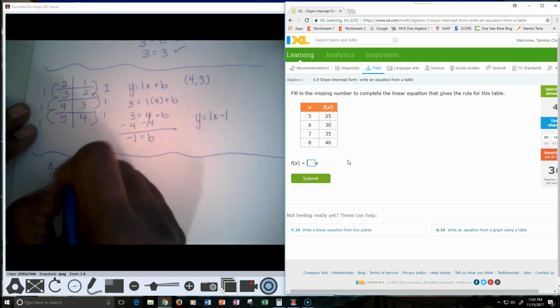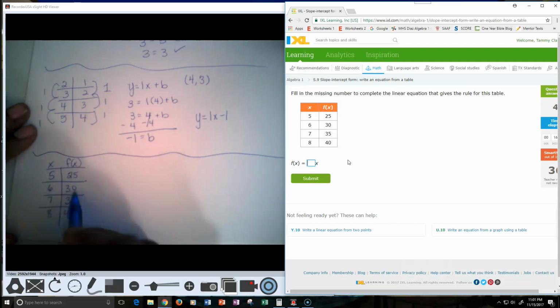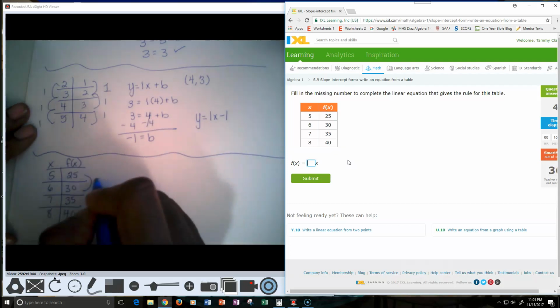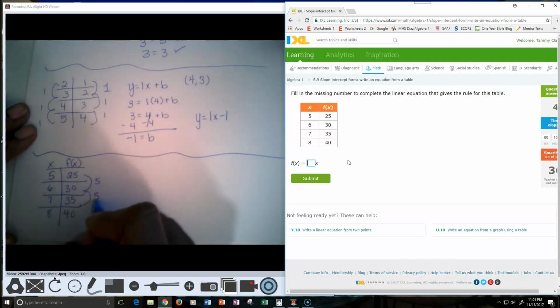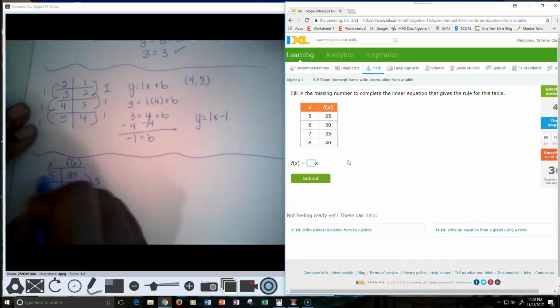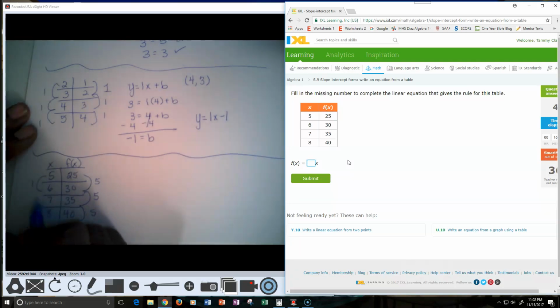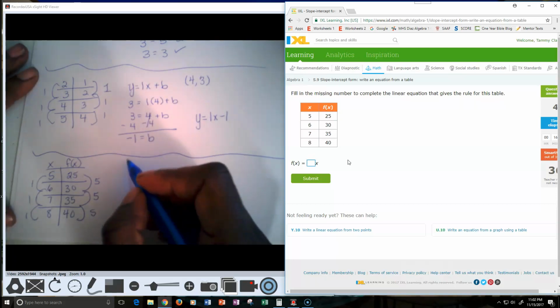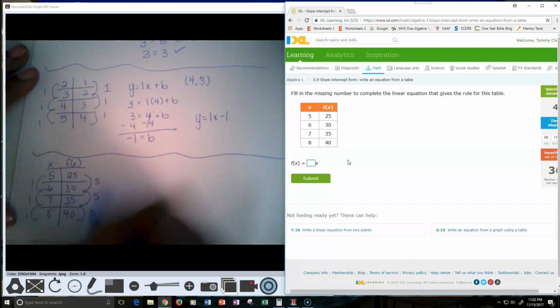So our change here is from 30 to 25. Well, that's 5. 35 to 30 is 5. 40 to 35 is 5. And then on the x side, it's 1. So our slope would be 5.